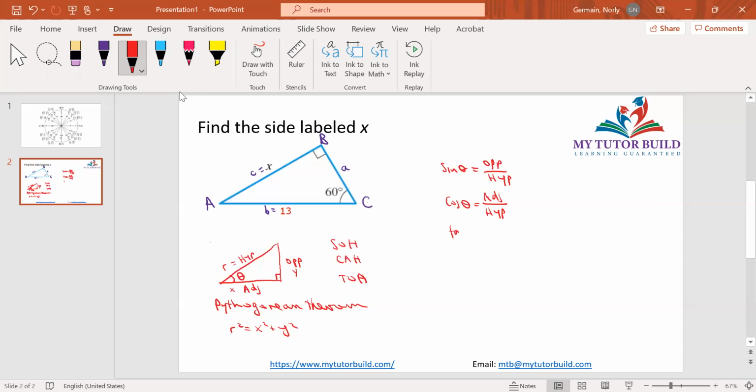And tangent is opposite over adjacent. So you need to remember these three formulas.